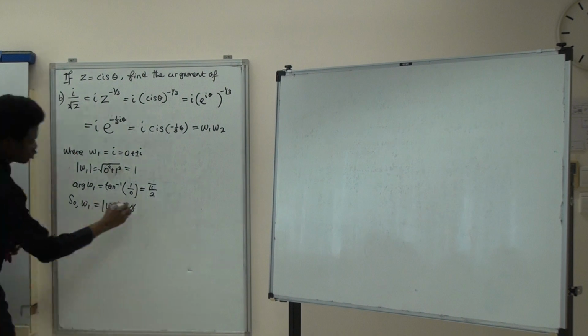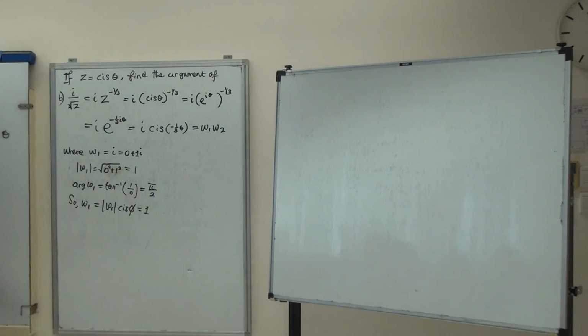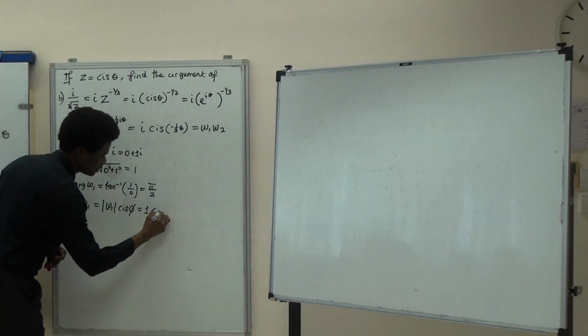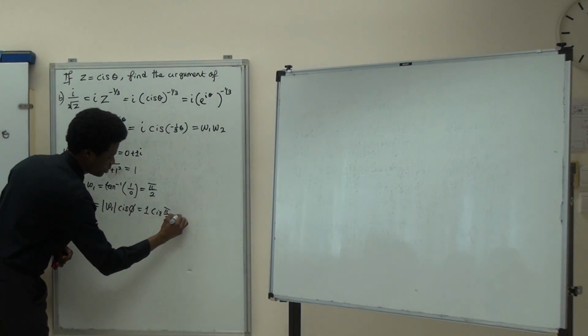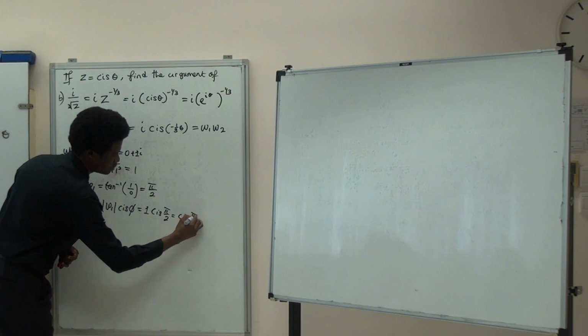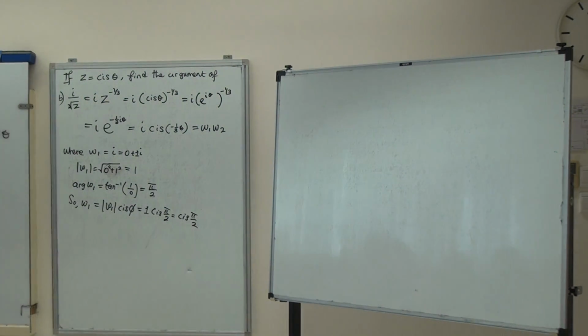In this case, the absolute value is 1, and CIS what now? Pi over 2, which is simply CIS of pi over 2, because 1 is a multiplicative identity, there's no need for it to appear. Right? So now you have two complex numbers in the form of CIS. Now you can use the property of CIS.